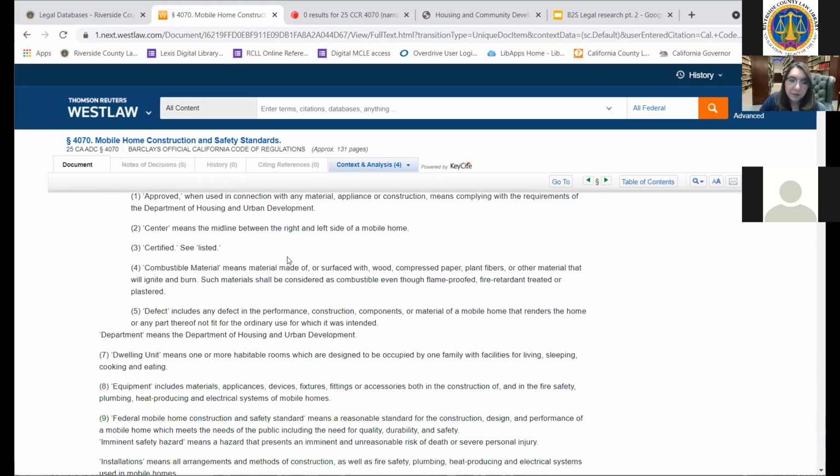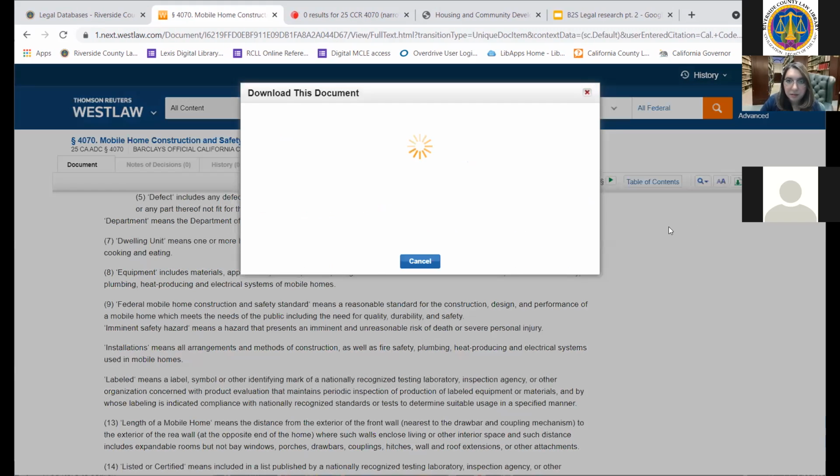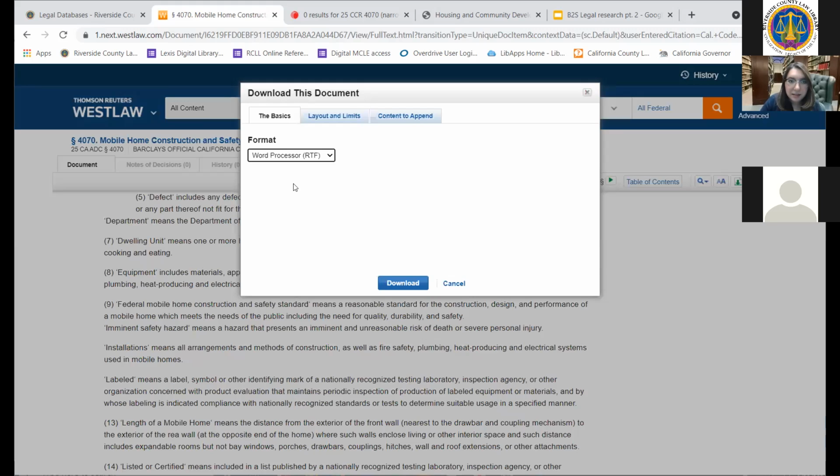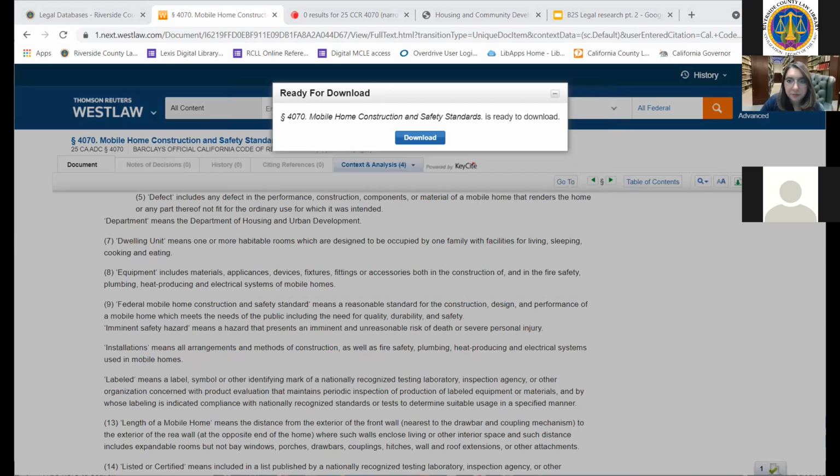So from here, I would probably download this document. So you can download it here on the right-hand side. I would download it as a PDF.